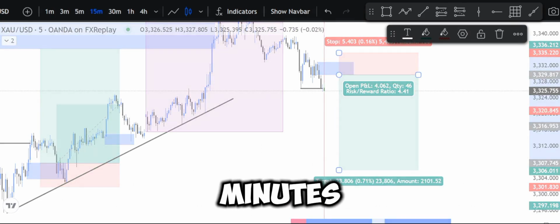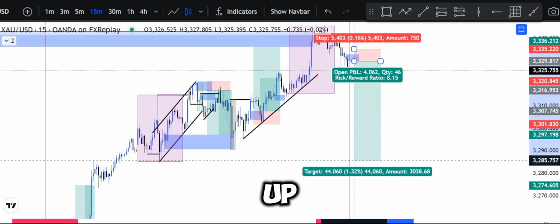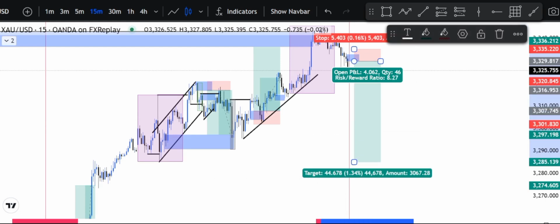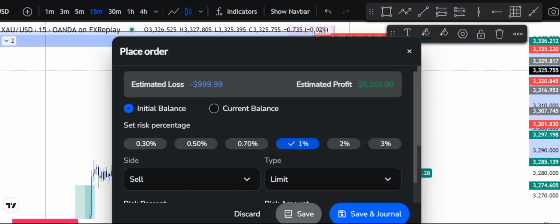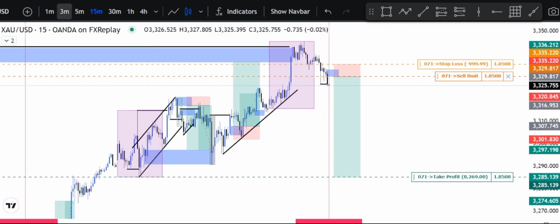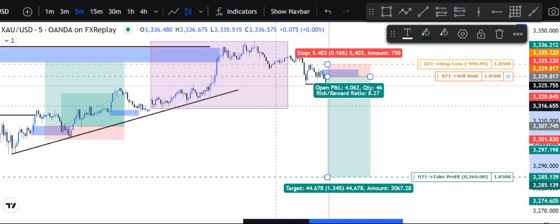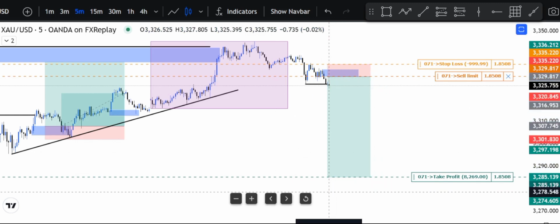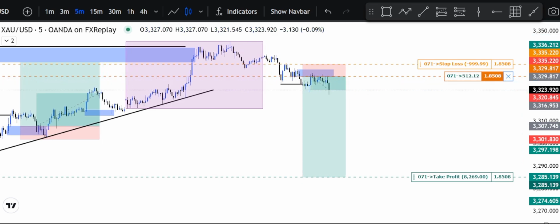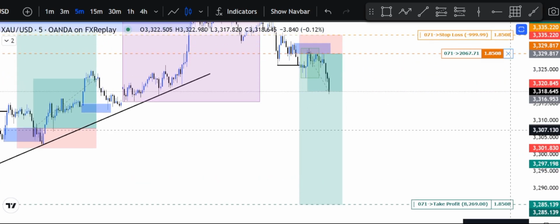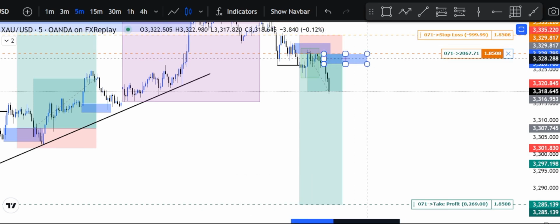Let's go to 15 minutes and see if we can target more. Maybe up to this low. It is Asian low after all. Let's see what happens. Okay, we have another supply here.